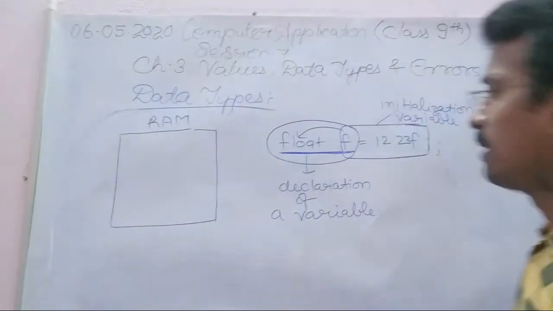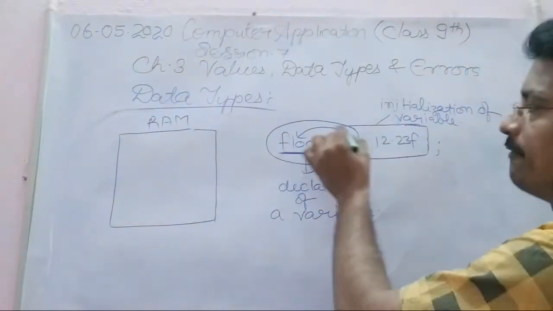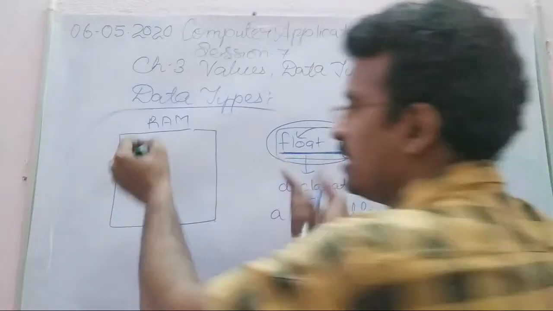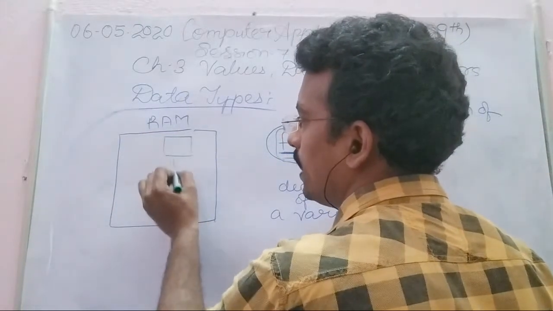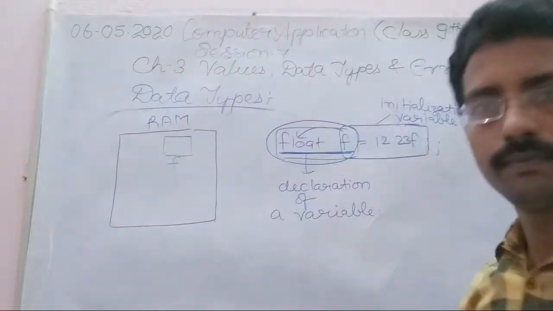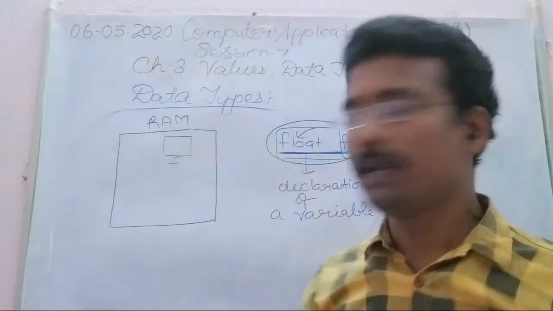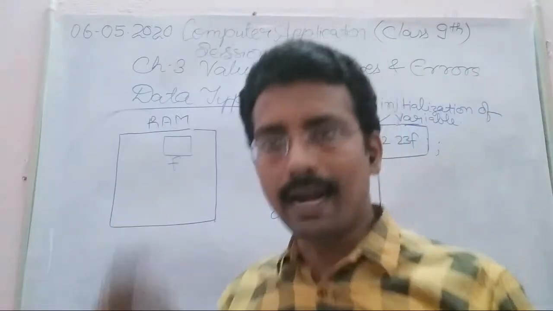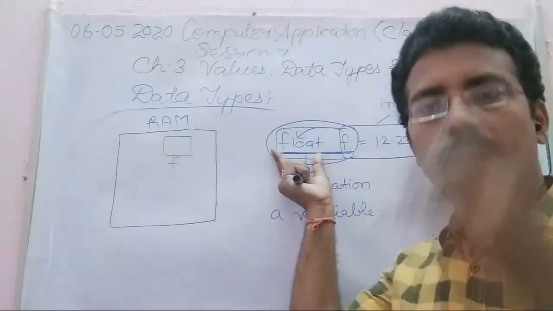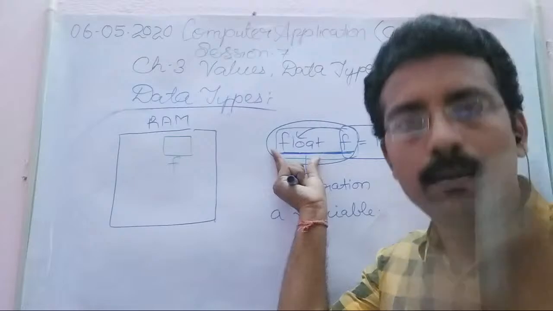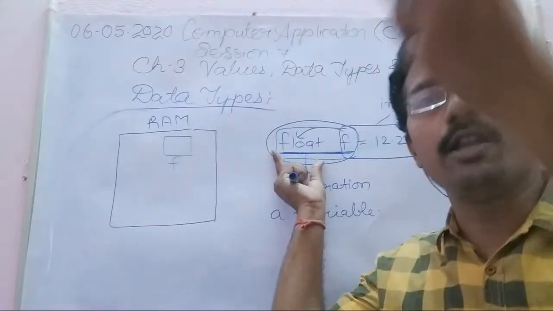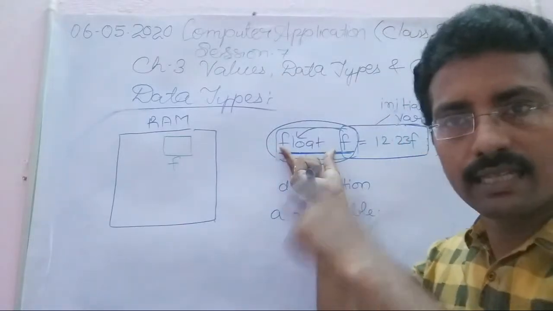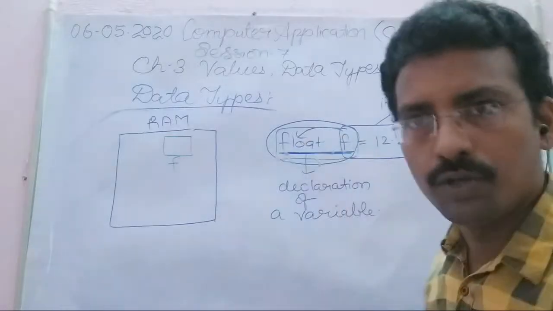Suppose we are discussing about this f. Float f. When this line will execute, in the memory, one f named area will be generated. Why is it generated? Because data type is given, and data type contains a prior definition that tells I will hold 4 bytes of memory, and in that memory I can utilize the fractional value. So it cannot utilize it alone, it needs a helper, you can say, a duplicate.